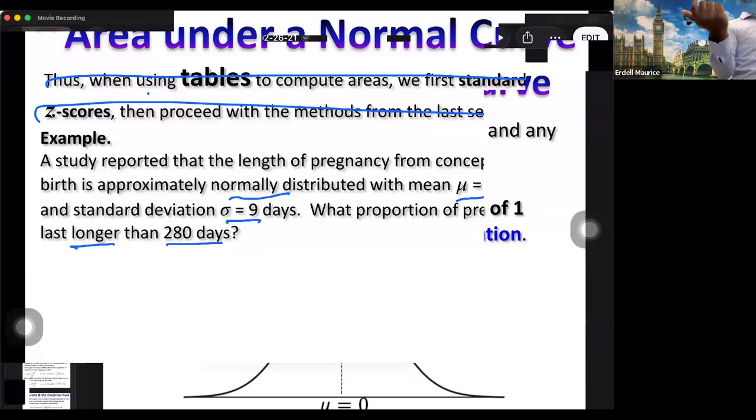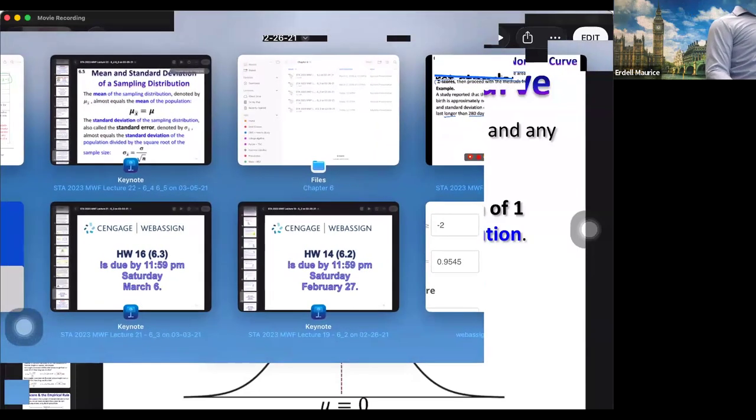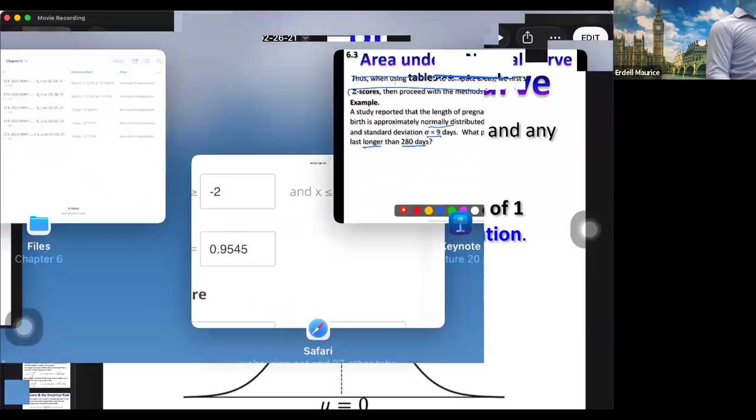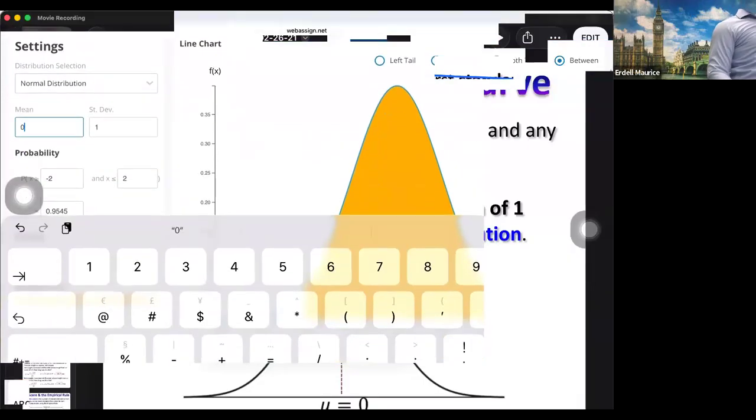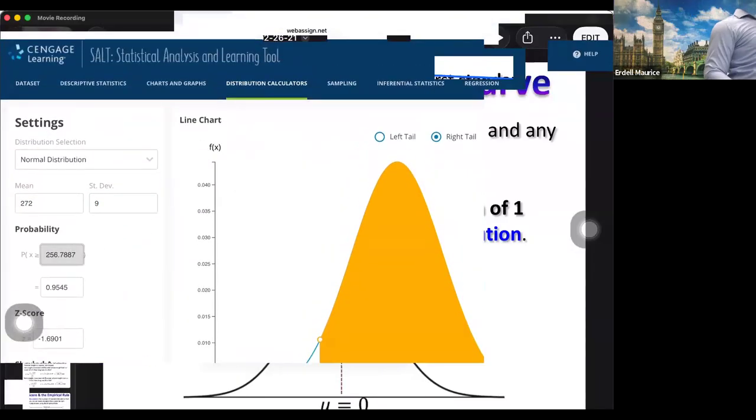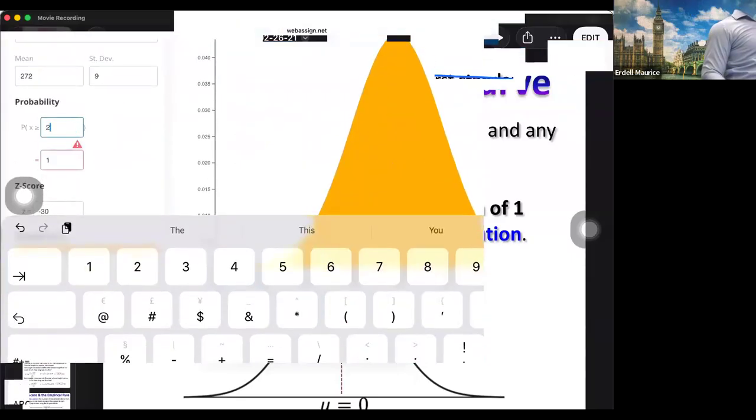And so all I have to do is go to solve, put in the mean, standard deviation, and away we go. Somebody remind me of the mean, please. And the standard deviation is 9 days. All right. So I put a mean of 272. That's what it was, right? And a standard deviation of 9. And I just select a right tail, and then we are in business. Questions there? It says, when is it greater than 280 days?